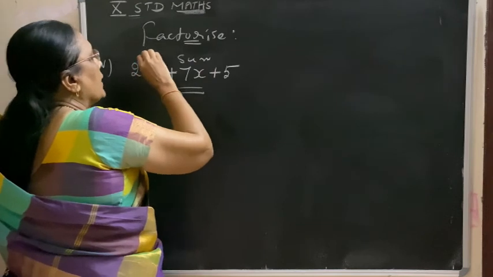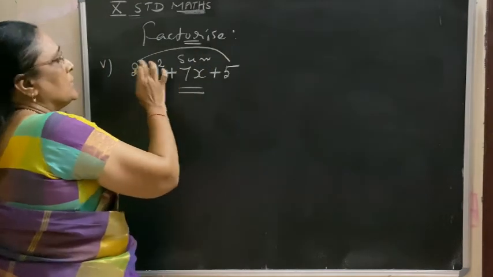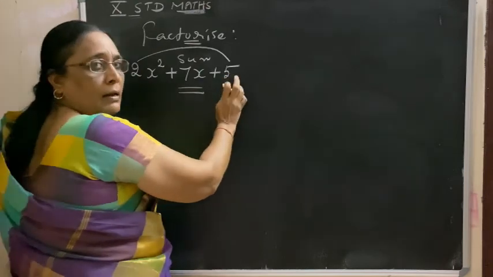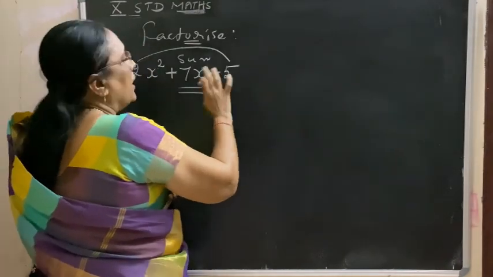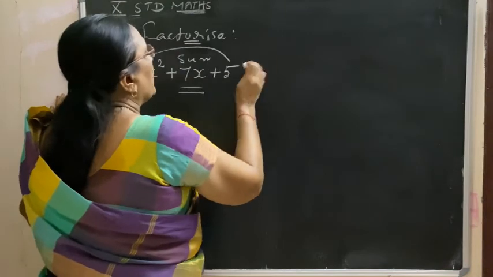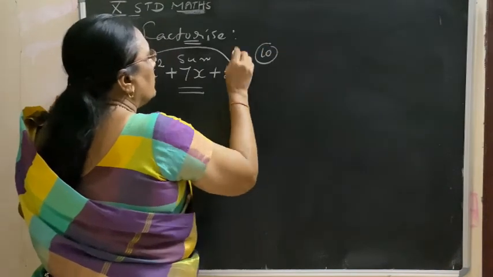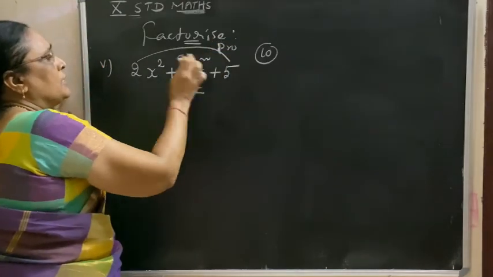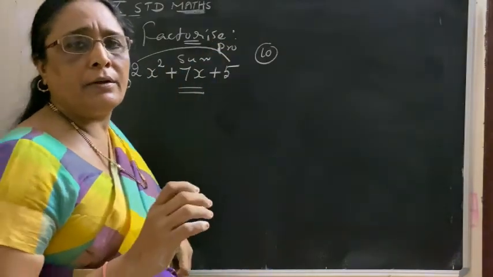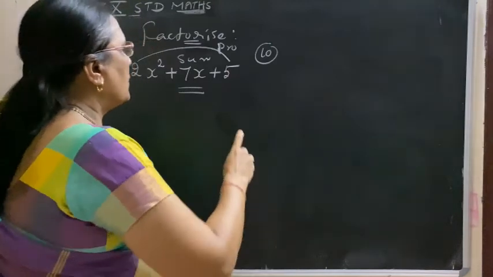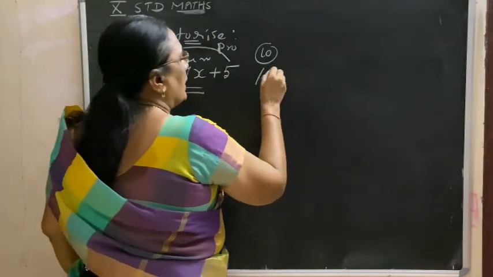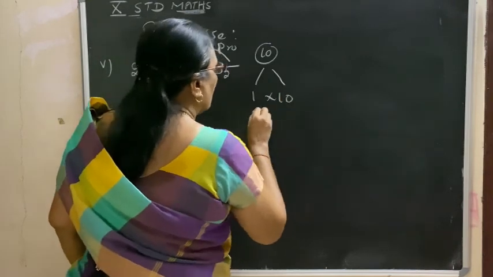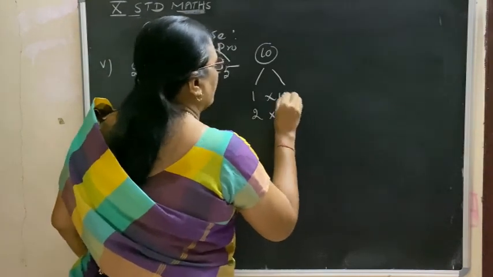So we have to take that number also. You multiply these two, the coefficient of the first term and the last constant number, and we will get the product: 5 2s are 10. You have to take that as the product of the 2 numbers. Now can we write the multiples of 10? 1 10s are 10 and 2 5s are 10.